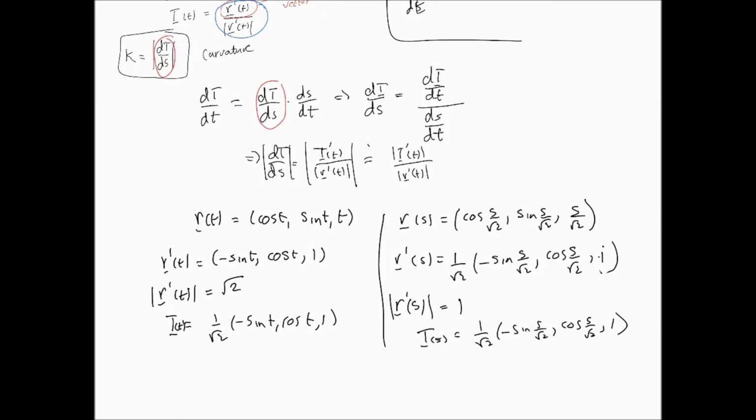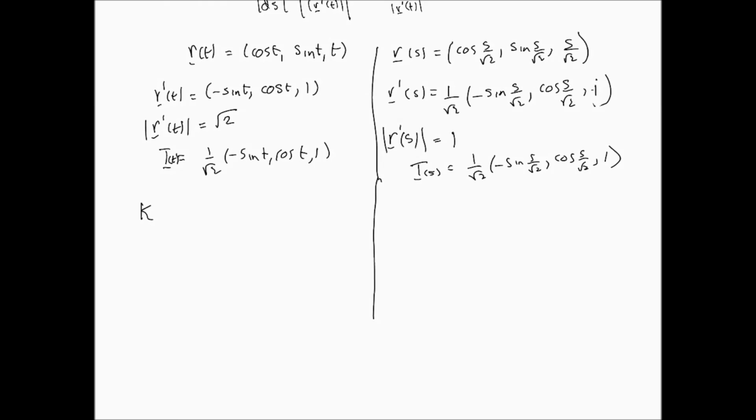Okay, so here kappa in this case is equal to, now T prime t would mean, let's see here, T prime, if I calculate T prime over here, that turns out to be 1 over root 2 stays inside, and we end up with minus cosine t, minus sine t, 0.